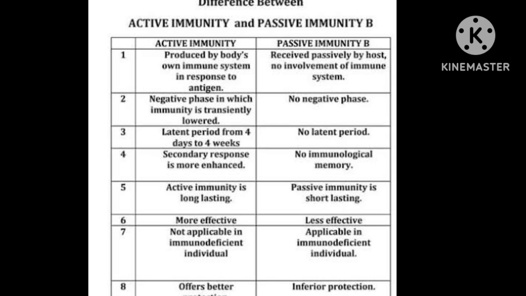In passive immunity, the pathogen does not have direct contact with the body. Active immunity does not generate a rapid response. Passive immunity generates a rapid response. Active immunity may last for a long time. Passive immunity may not last for a longer time.